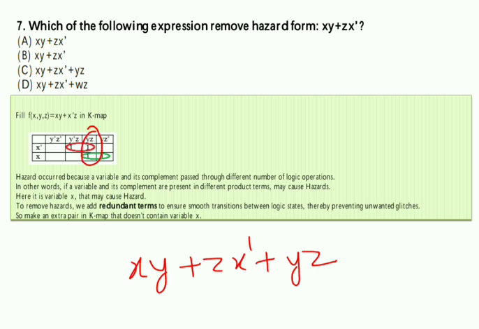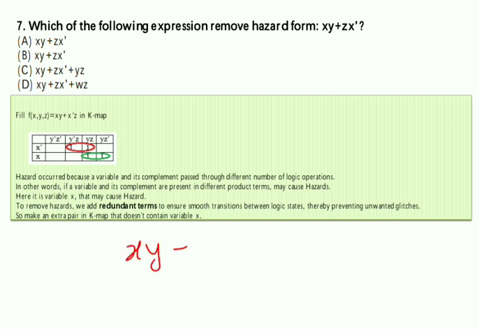There is also another way to get the answer, by checking each and every option here. I am taking option C directly, and I will prove that the given option is correct by using the consensus theorem. So xy plus zx dash plus yz. We will consider the yz with this 1.